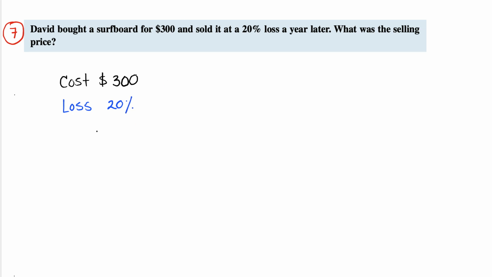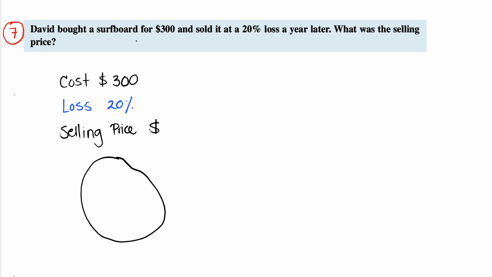So now we want to know what is the selling price. As I said, this is the same as a discount, because that means that he lost 20%. When I say that is the same as a discount, I mean that it's also going to be a decrease in money. So we're going to use our pie to understand what is happening. I know that he started with the 100%, which was $300.